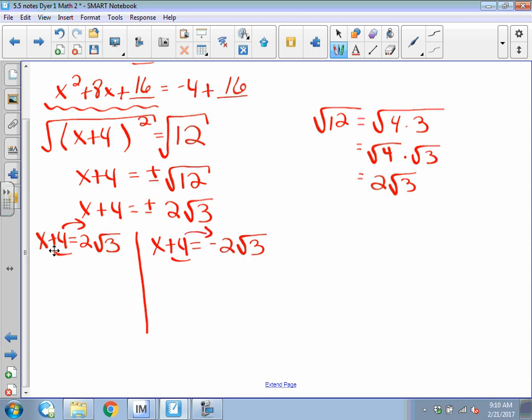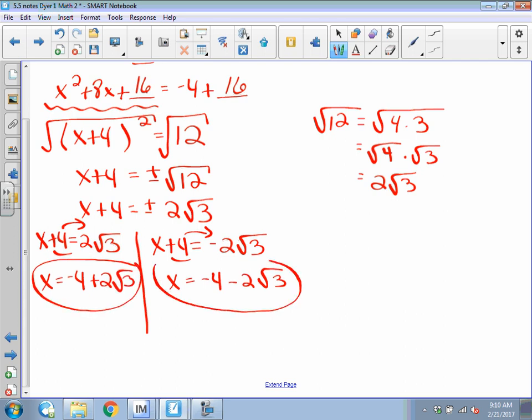Now, that's going to be a rational and then an irrational number. You always want your rational number first. So, x equals negative 4 plus 2 square roots of 3, and x equals what? It's still negative 4 minus 2 square roots of 3. Okay? So here are my two solutions.